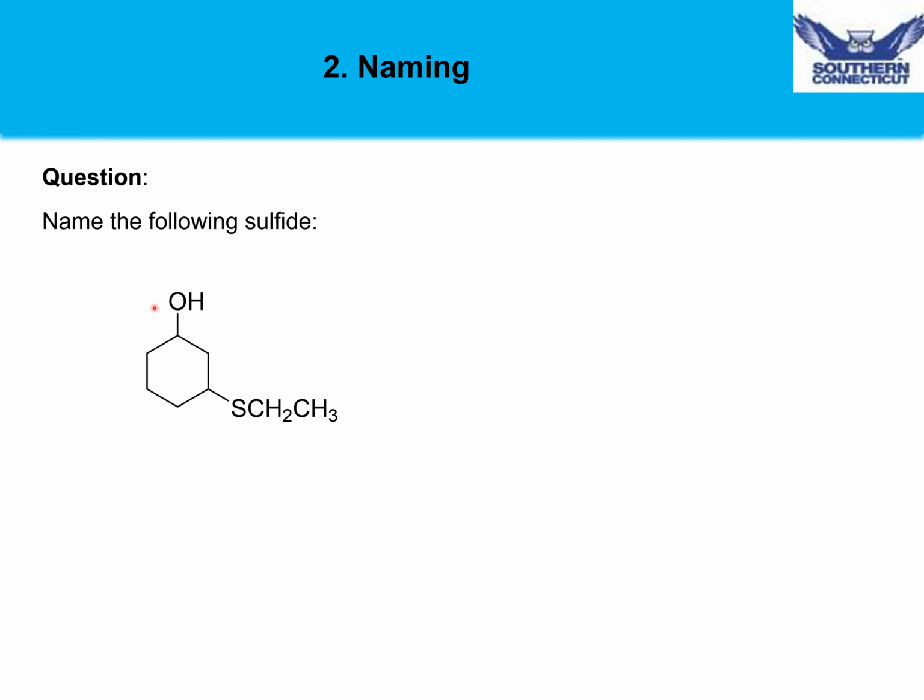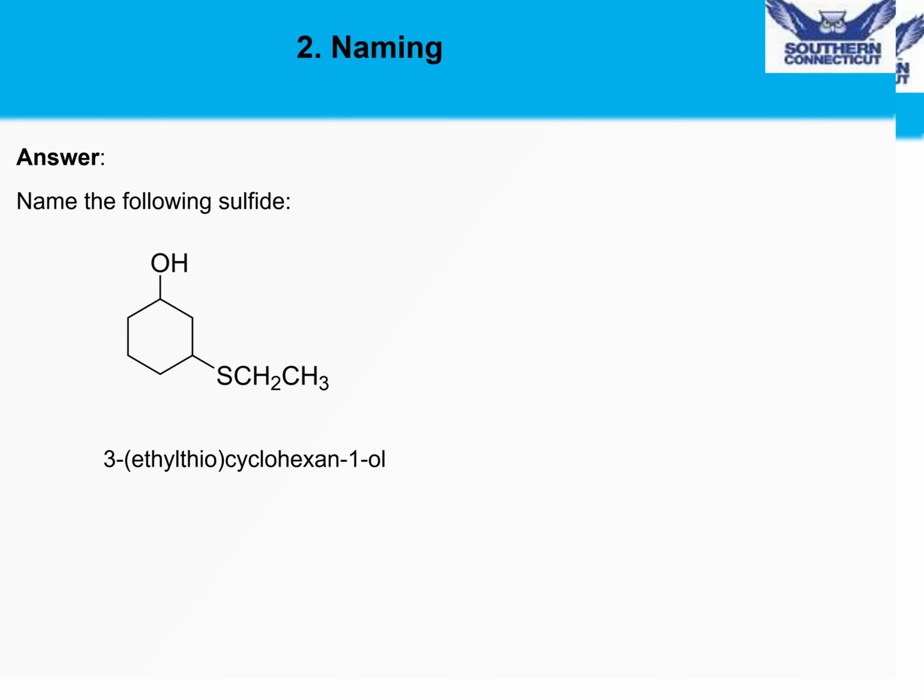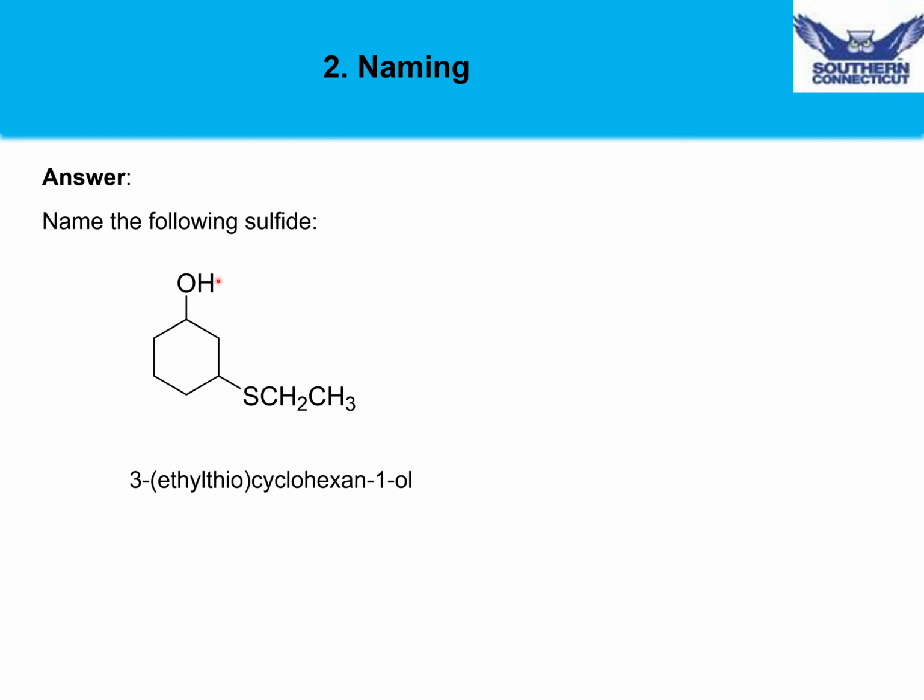In this question, we have a cyclohexane that has both an alcohol and a sulfide. Alcohols are a higher priority group than sulfides, so this compound is named as a cyclohexanol with an ethylthio substituent. Notice it is on the third carbon from the alcohol, so this is named as 3-ethylthio cyclohexan-1-ol.